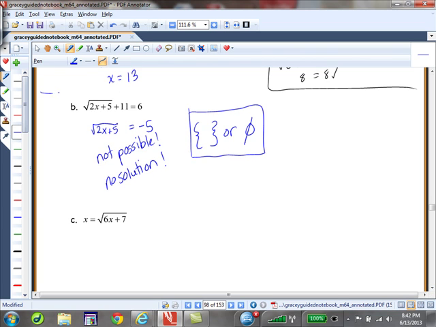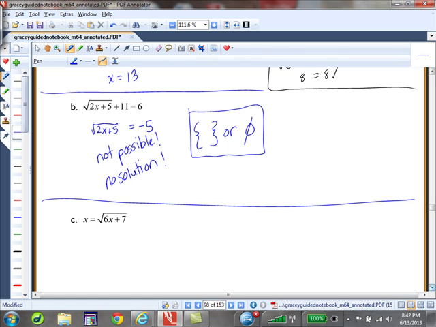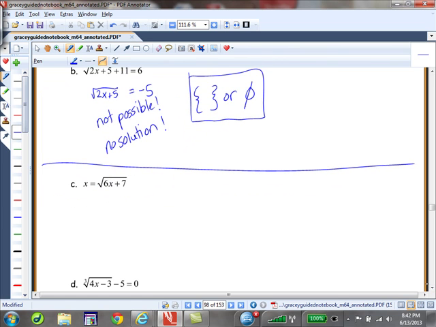Okay, so here we go. Moving right along. Part C, we have x equals the square root of 6x plus 7. So again, we square both sides, and we get x squared equals 6x plus 7.